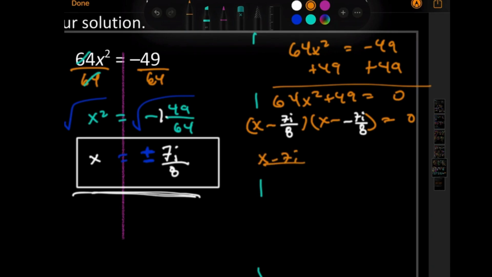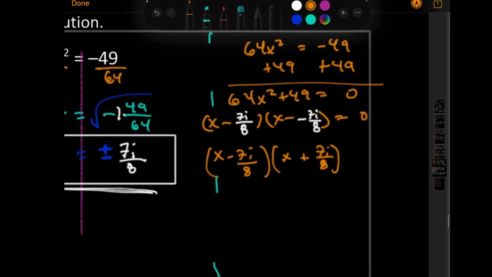Notice my fractions are running up and down, not sideways. And then you just set them equal to 0. Zero product rule. And solve, and you'll basically have what we had previously, right?